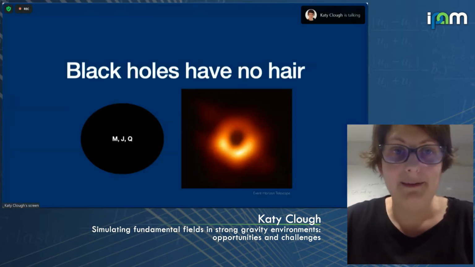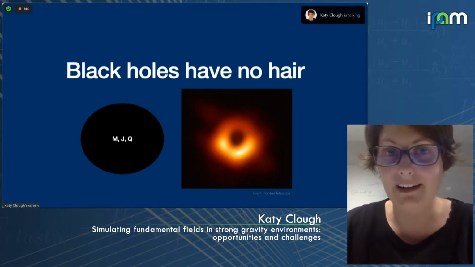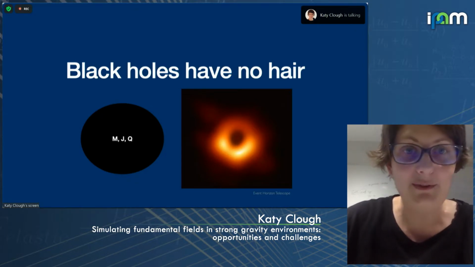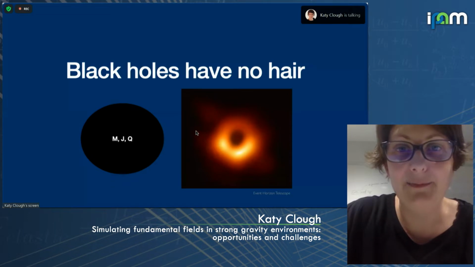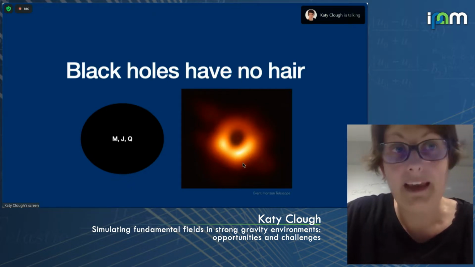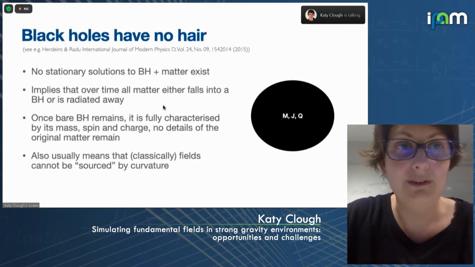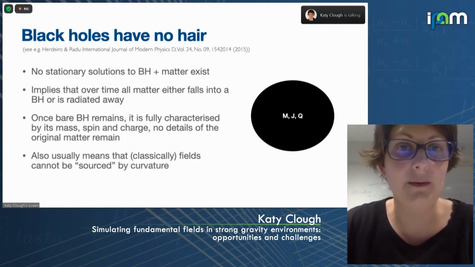Okay, so I should probably give Matt Choptuik's warning about the lack of rigor in the next few slides. But broadly, we know that stationary black holes have no hair. But of course, when we observe astrophysical black holes, they have, for example, an accretion disk. The way we reconcile these two facts is to say that no stationary solutions to black hole plus matter exist.